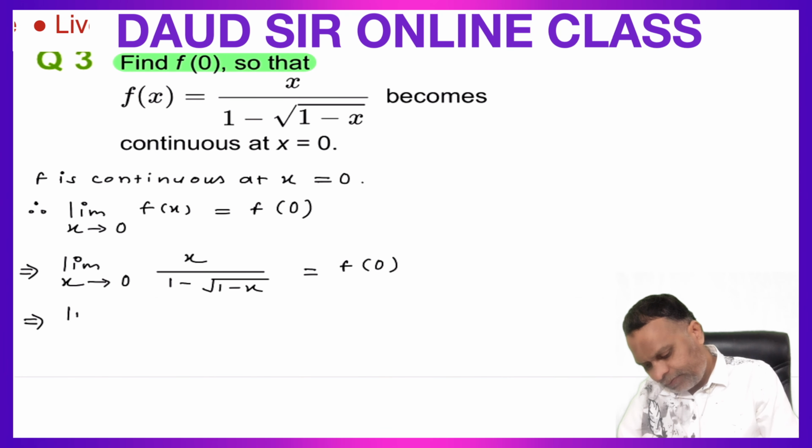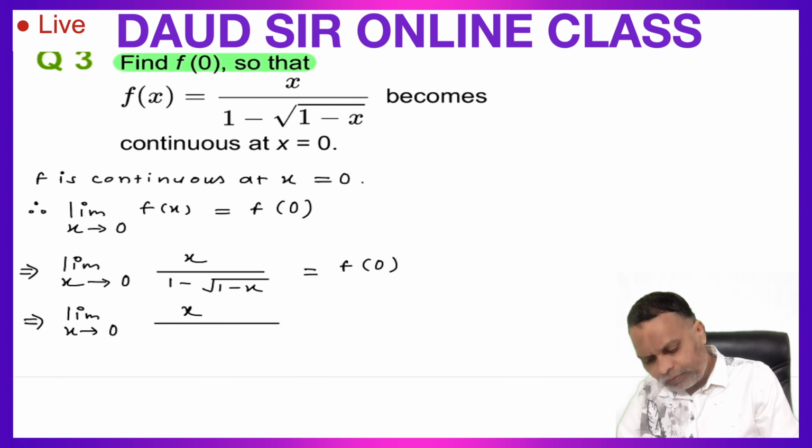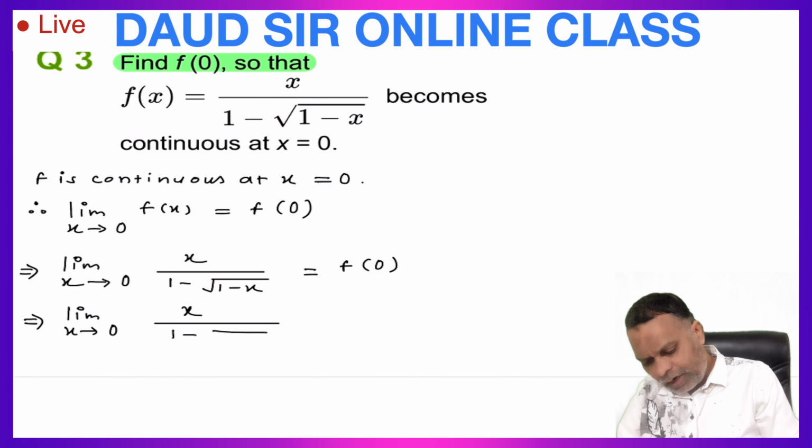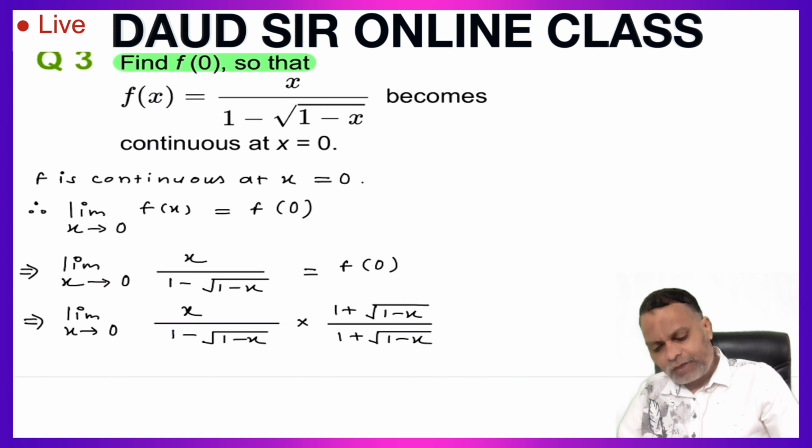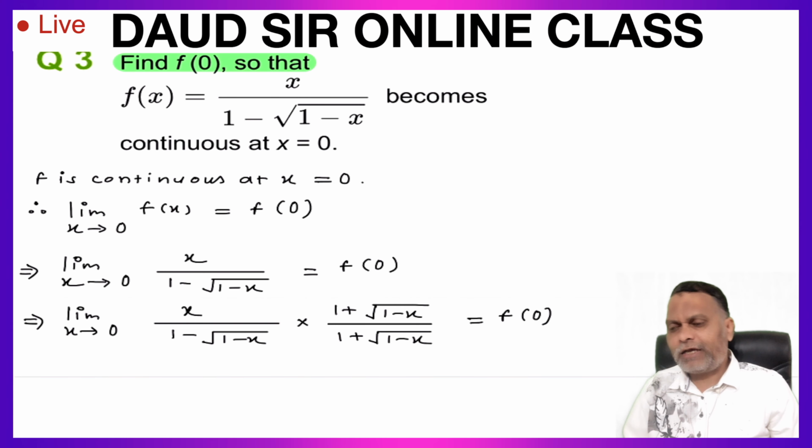Which implies limit x tends to 0, x upon 1 minus under root 1 minus x into 1 plus under root 1 minus x upon 1 plus under root 1 minus x is equal to f of 0. This is rationalization of the denominator.